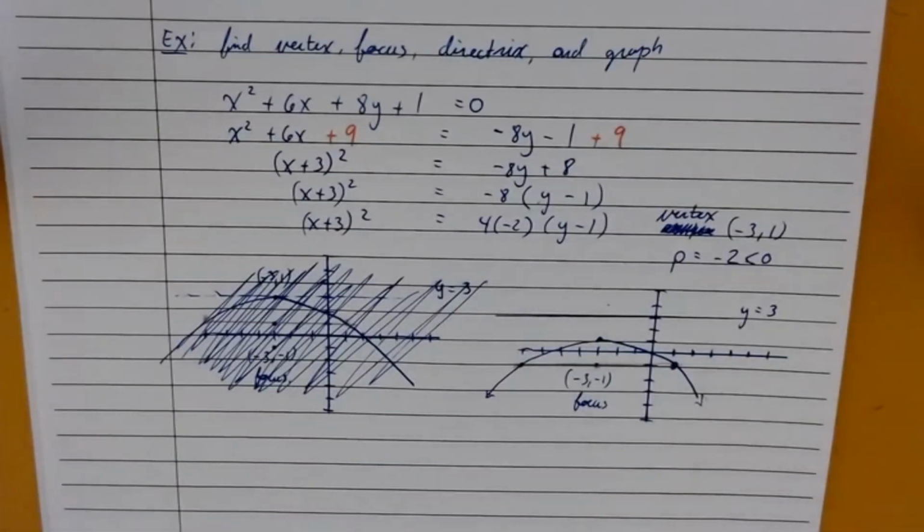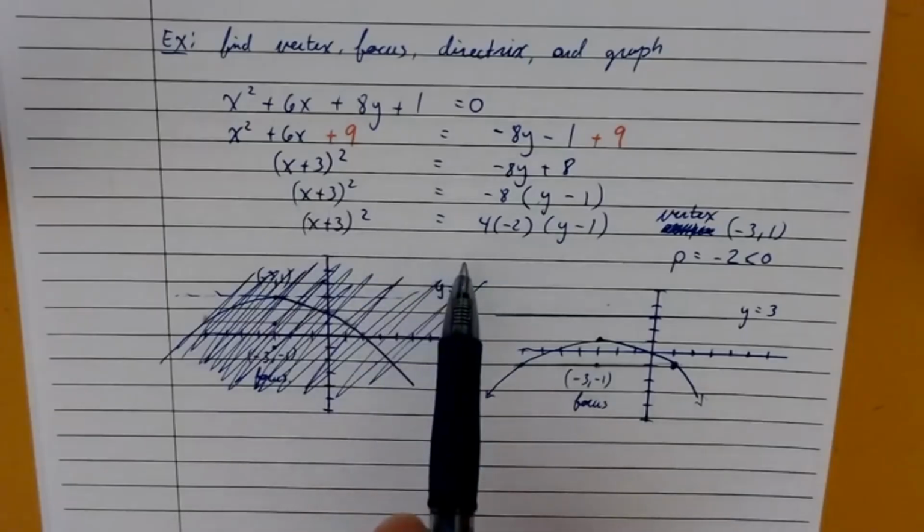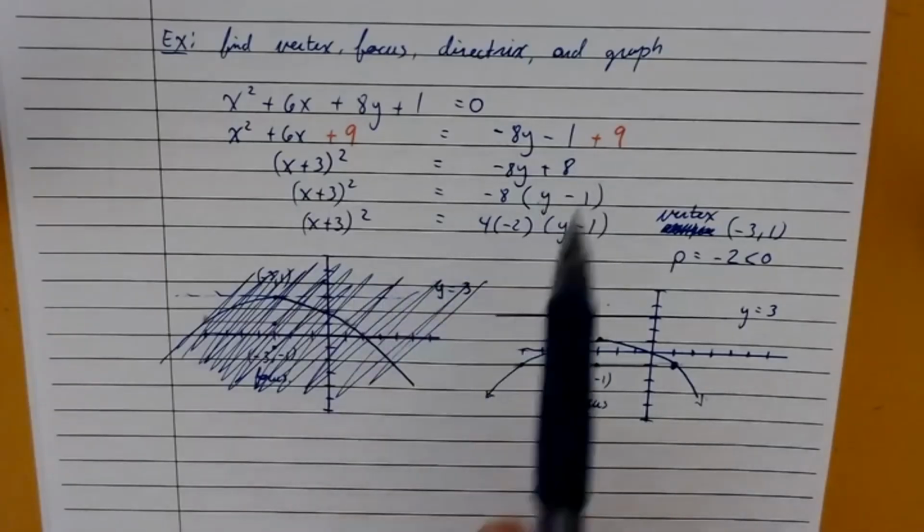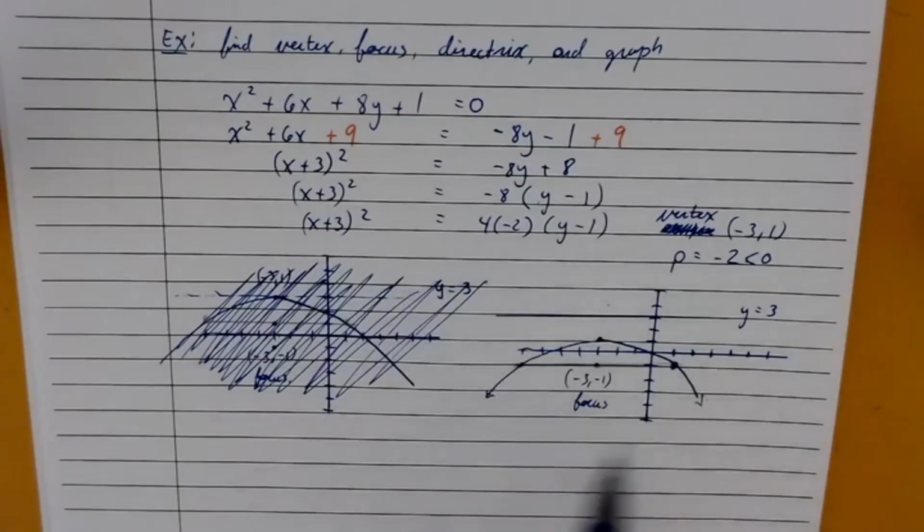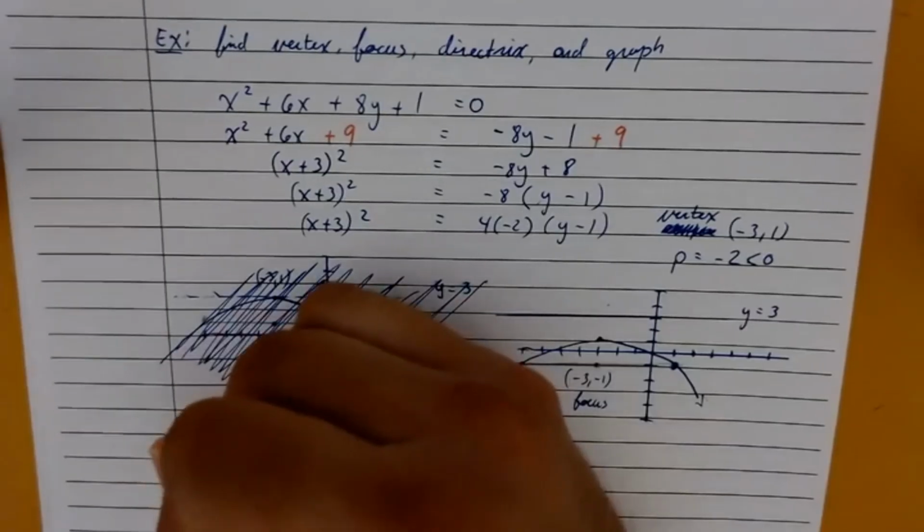So I think go ahead and give this a try. You're going to begin by having to complete the square, and then once you're done, you can use that information to create your graph. So go ahead and give this a try.